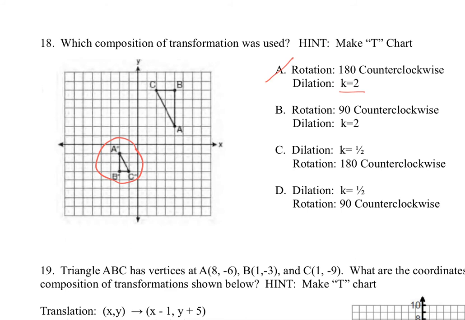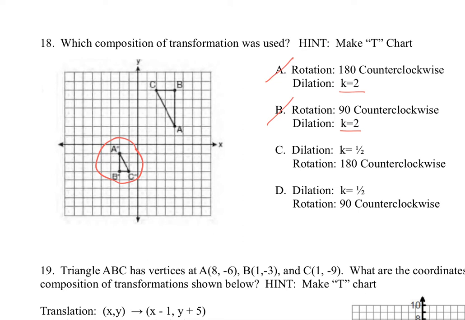So A is out. For answer B, it's the same thing. The scale factor is 2, which means it'd be getting bigger, and we just said it is not, it's getting smaller. So answer B is out. Answer C, the scale factor is 1/2, which should check out because we want something between 0 and 1 since it's getting smaller. Same thing with answer D, it's between 0 and 1, so that should work.